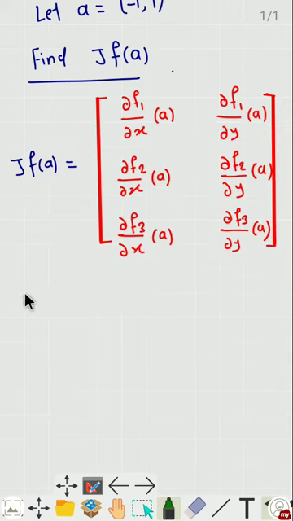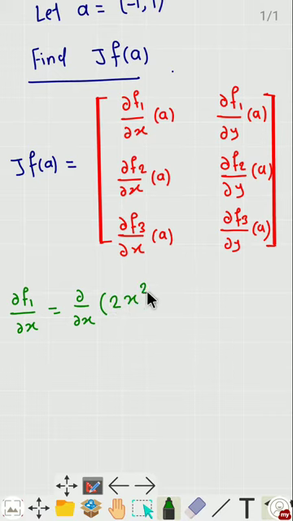So first of all, we write the partial derivative of function f1 with respect to x. It is equal to ∂/∂x of the f1 function, which is 2x² + 3y, as we have written above, and its partial derivative with respect to x is 4x.